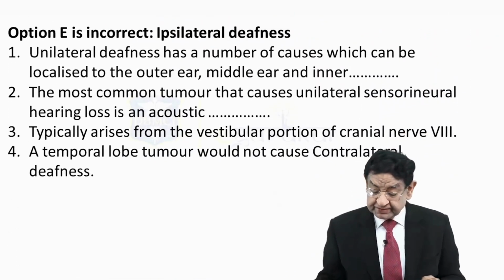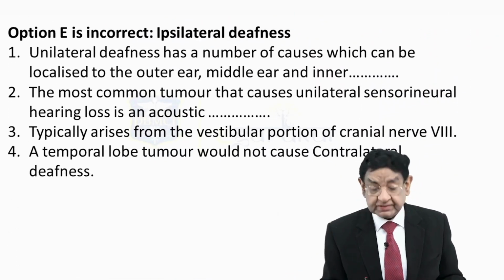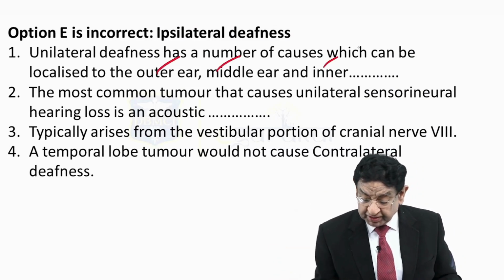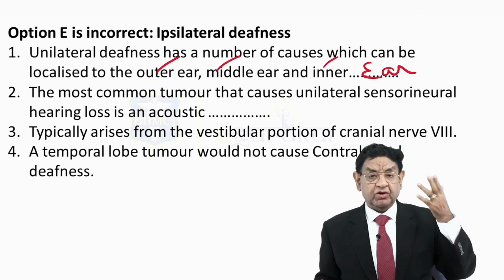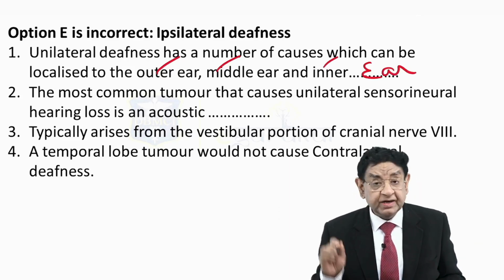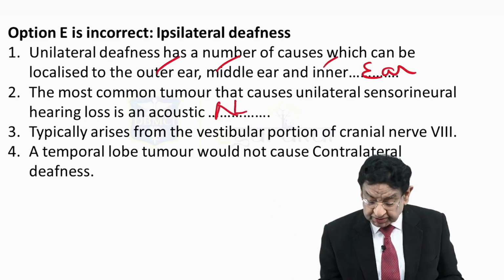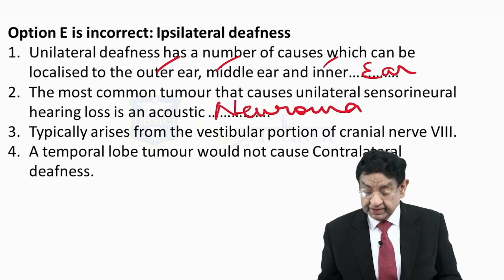Ipsilateral deafness usually occurs due to some pathology in the ear, maybe outer ear, maybe middle or inner ear. And for unilateral hearing loss, other than the ear, the most common cause is acoustic neuroma.